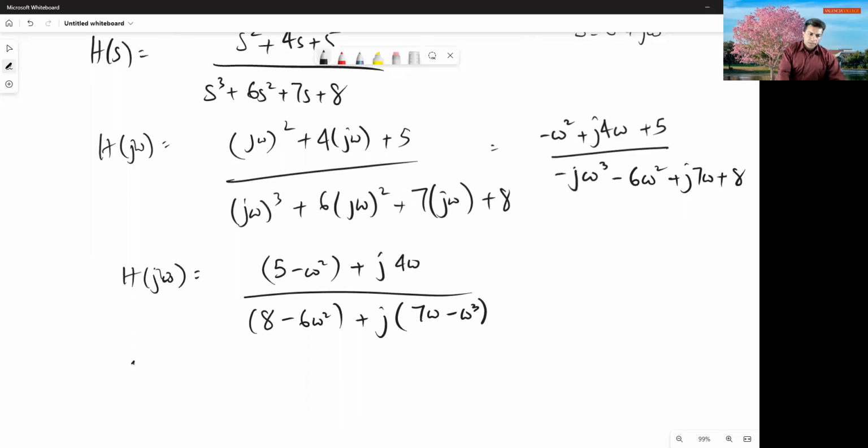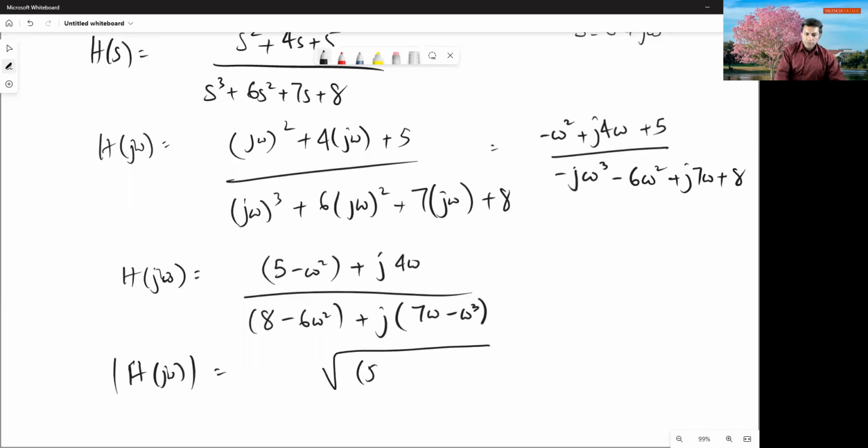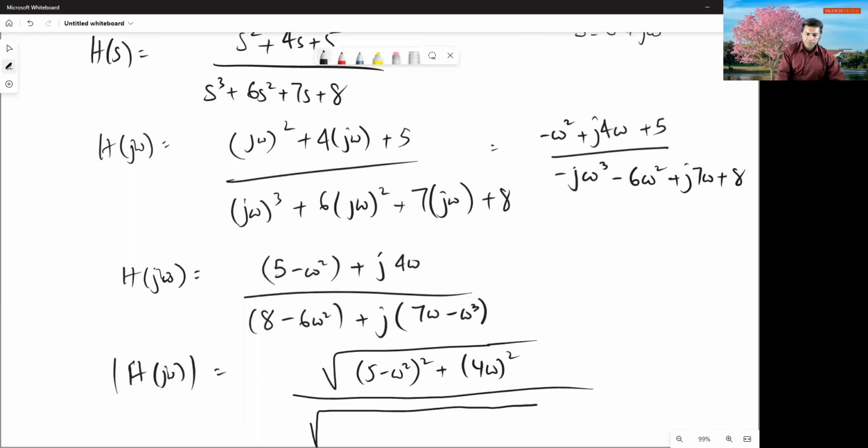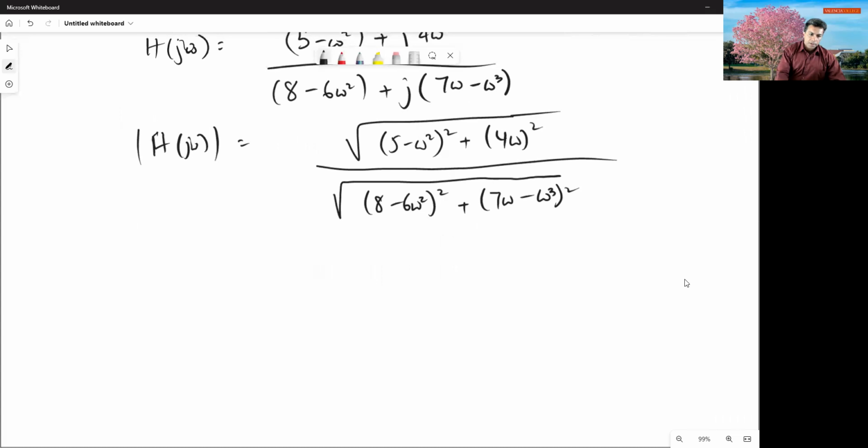Now, if you want to calculate the magnitude of this, it's simply the magnitude of the numerator, which is the square root of (5 minus omega squared) squared plus (4 omega) squared, divided by the magnitude of the denominator, which is the square root of (8 minus 6 omega squared) squared plus (7 omega minus omega cubed) squared, that is, a squared plus b squared. That's going to be the magnitude of this transfer function. And the phase of the transfer function we can calculate similarly.